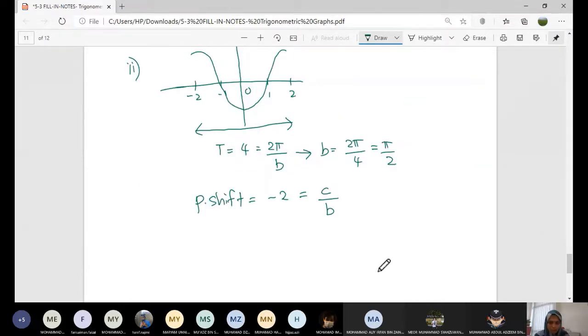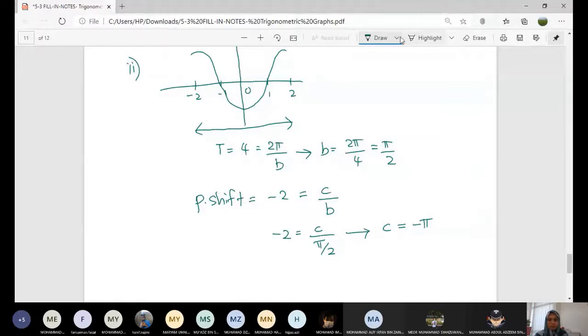Then we can calculate for C. This is negative 2 equals to C over pi over 2. So C is equals to, what do you get for C? Anyone? Negative pi. Yes, negative pi. C is equals to negative pi.